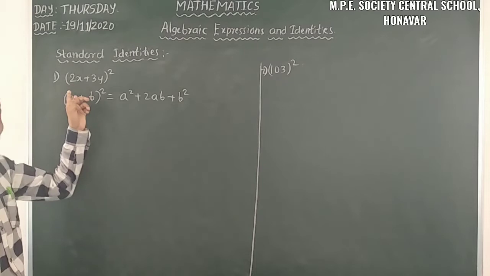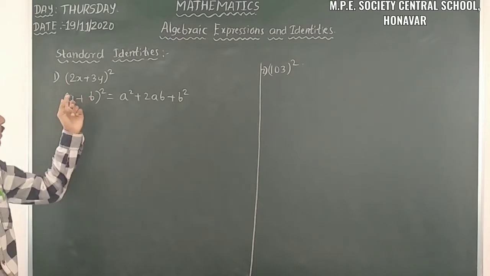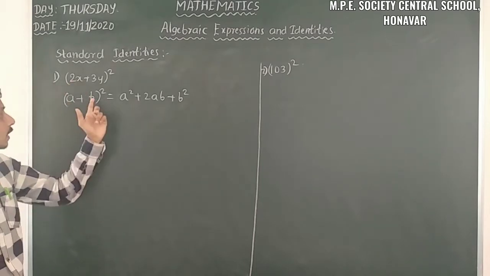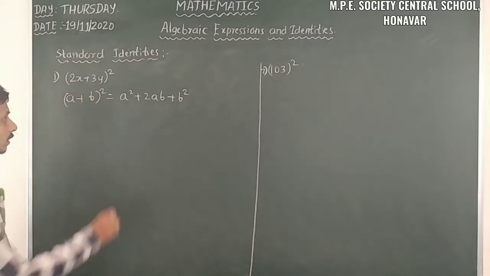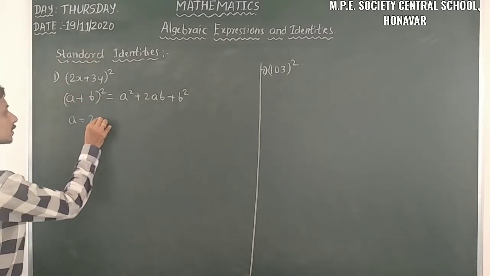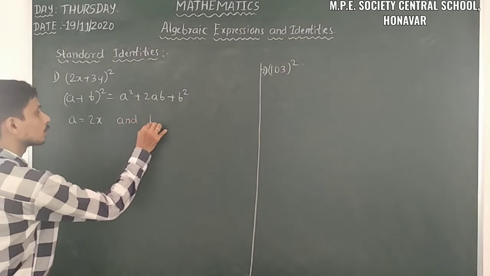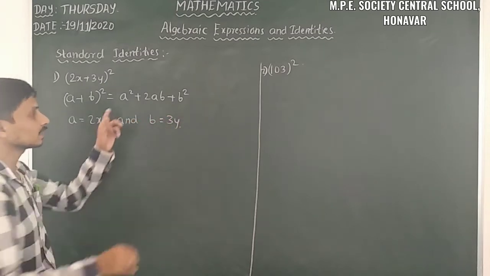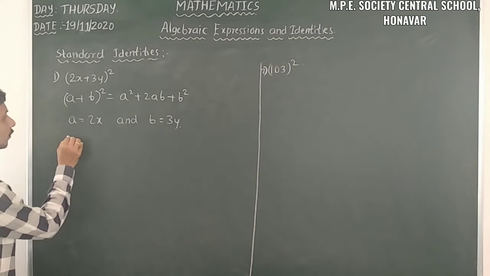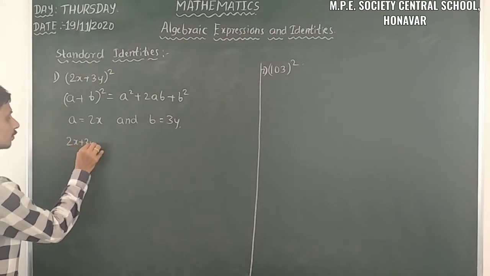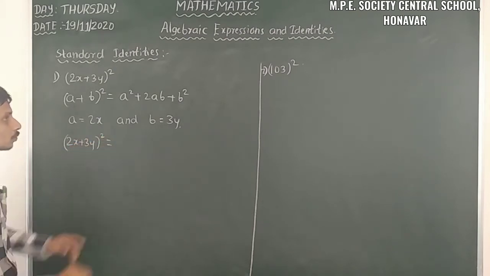Then we have to insert the values. In place of a we have 2x, and in place of b we have 3y. That is, a is equal to 2x and b is equal to 3y. We insert these in this identity.